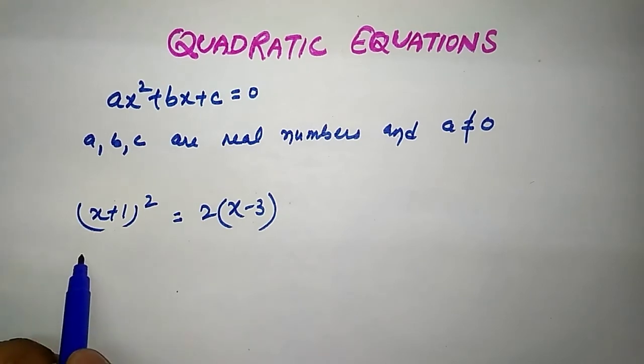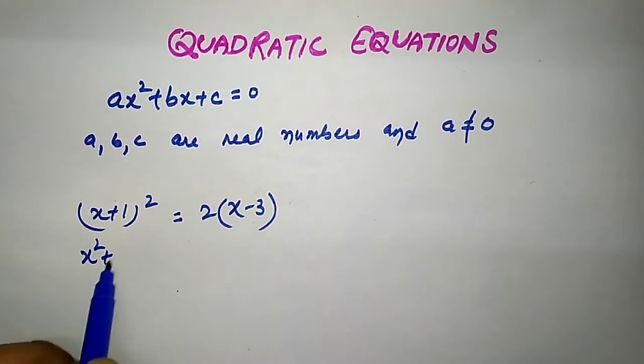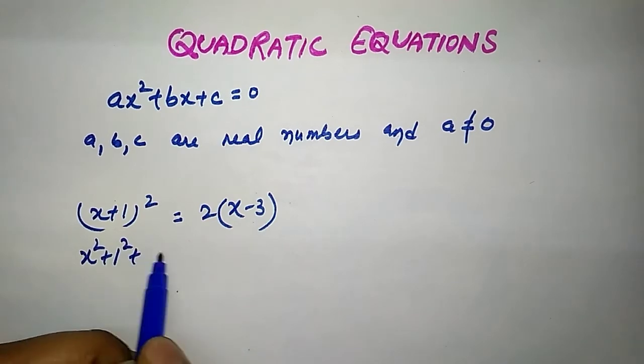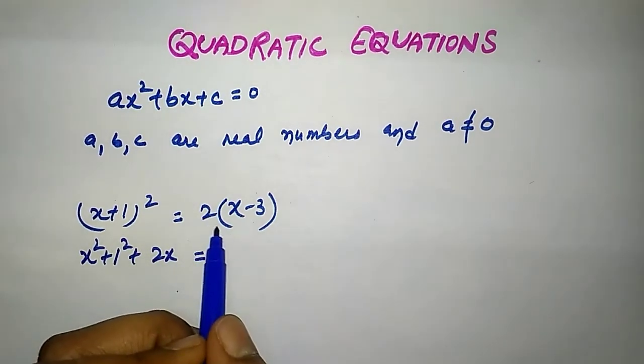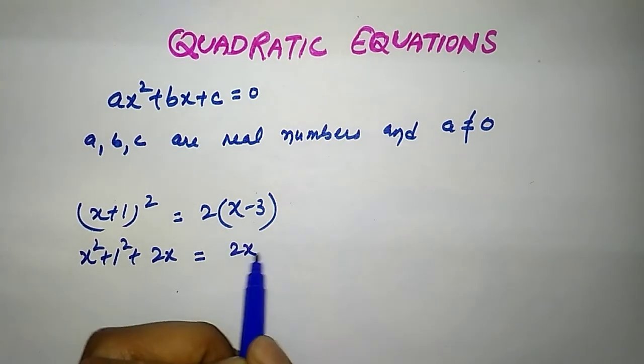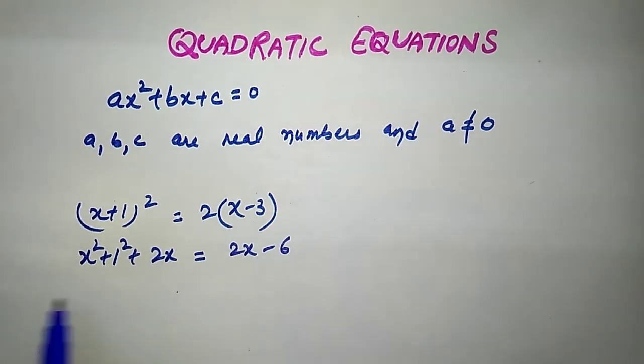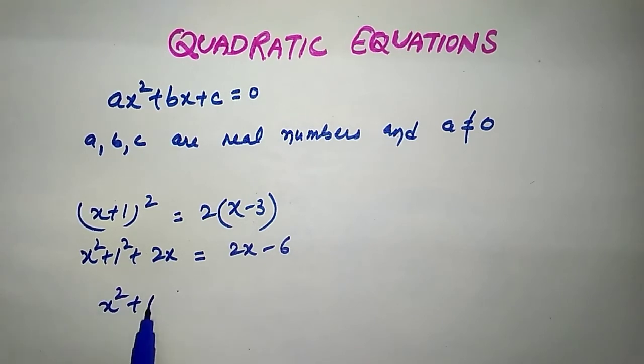So after applying we get x square plus 1 square plus 2x is equal to, then multiplying 2 with this bracket we get 2x minus 6, and on little simplification we get the equation x square plus 1 plus 6 is equal to 0, and x square plus 7 is equal to 0.